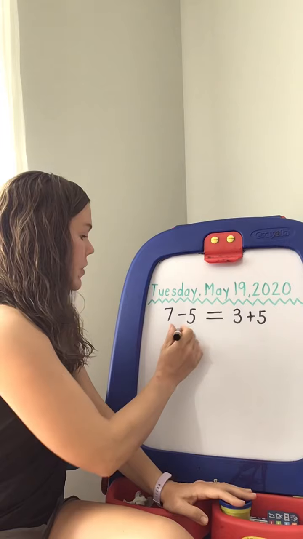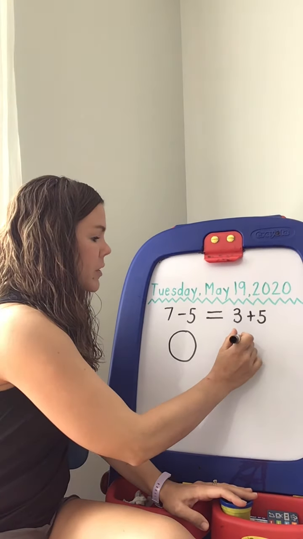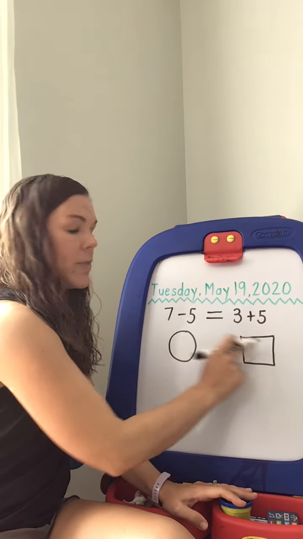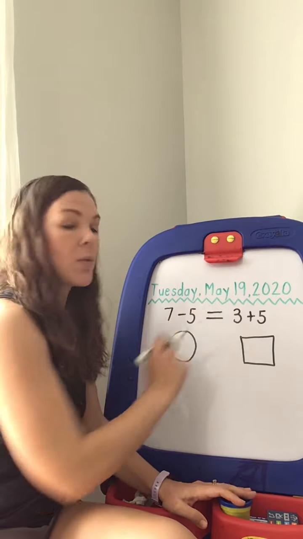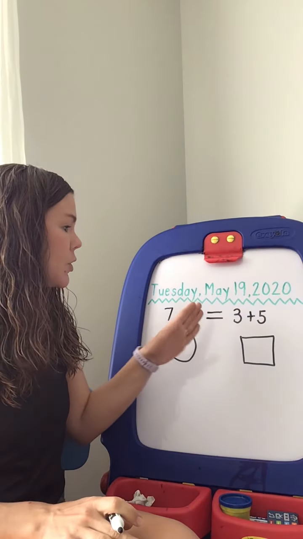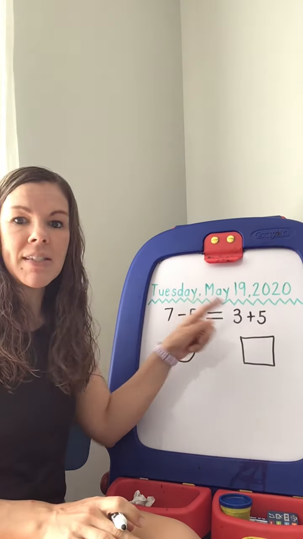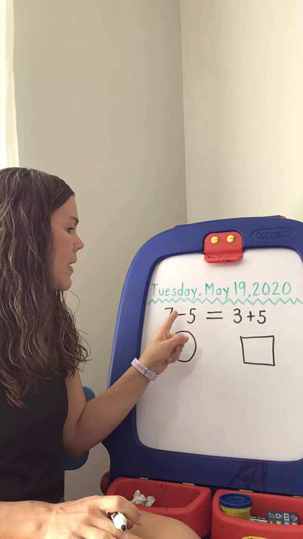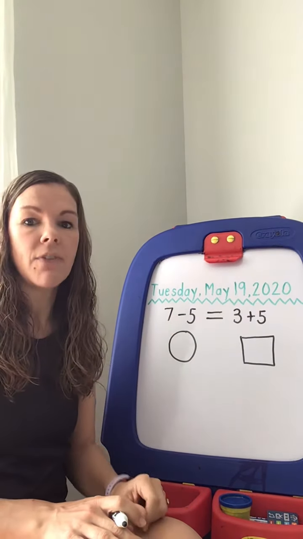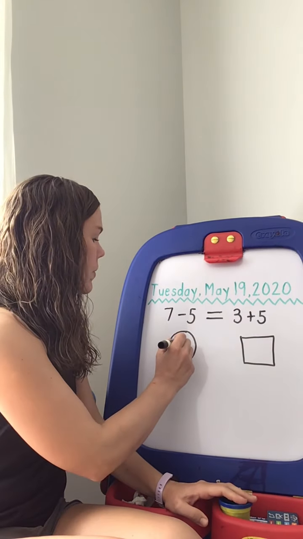Remember, I want you to either draw a circle or a square, whichever you want, or you could do one of each. Just something to show what these equations are equal to, or what the amount is. So the first thing I need to do is look at this side of the equal sign, okay? Our equal sign just separates what is here. So it's separating the 7 minus 5 and the 3 plus 5. So let's look at 7 minus 5. 7 minus 5 equals 2.